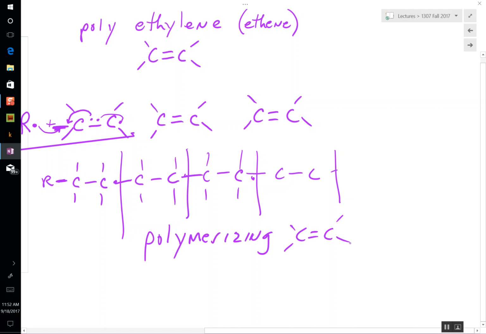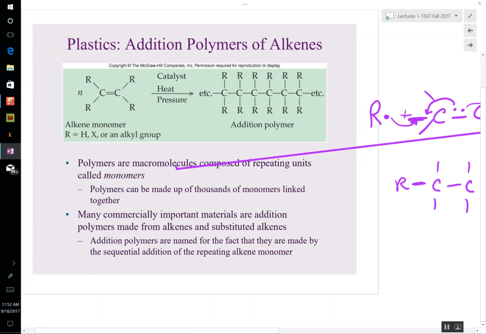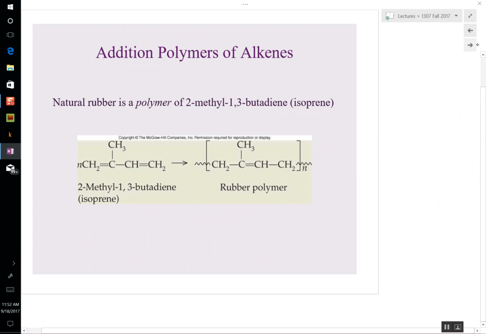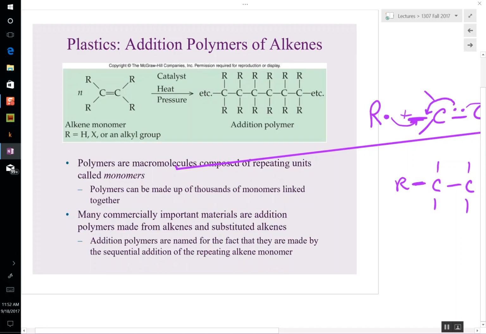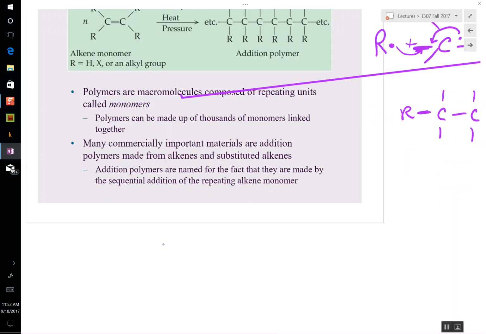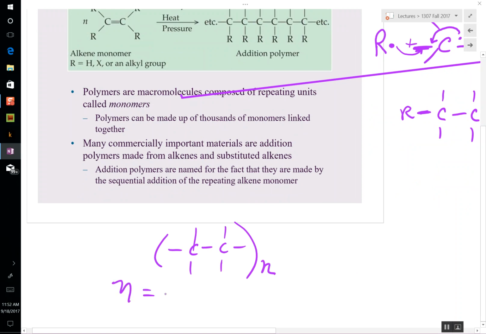And so you might see it written like, let's see if we got it on the next slide. You might see this thing written like this, with an N down here, with N equal to the degree of polymerization.